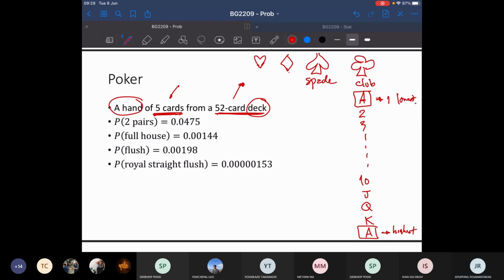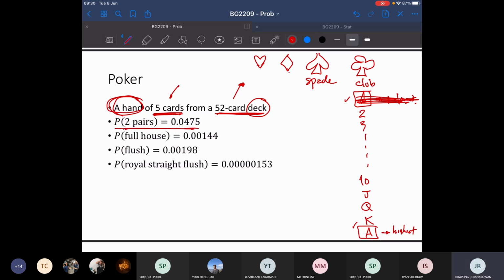It depends on the hand how you're gonna interpret this one, okay? But most of the time Ace is not gonna be the lowest, Ace is gonna be the highest that we're gonna use. In some cases it's gonna be here also, but let's say it's over here.